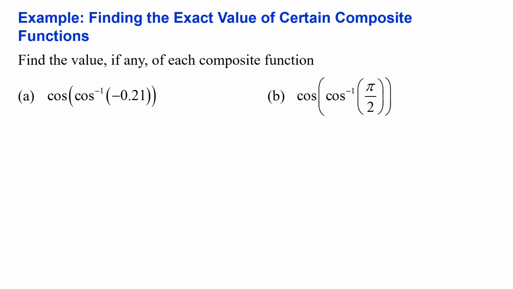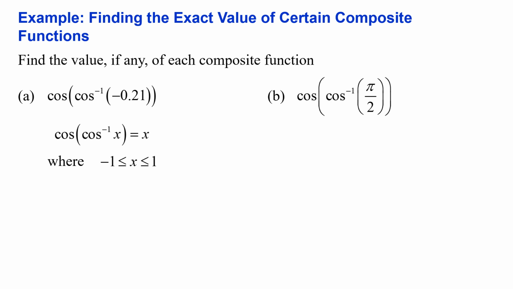In this example, we're asked to find the value, if any, of each composite function. There are two parts, A and B. Part A is the composition, cosine composed with inverse cosine of the quantity -0.21. We'll again use the fact that cosine of the inverse cosine of x will equal x when x is between -1 and 1 inclusive.